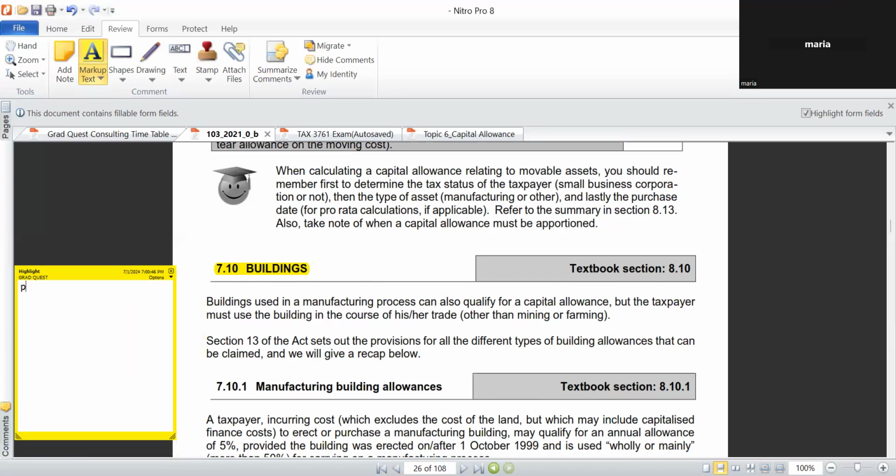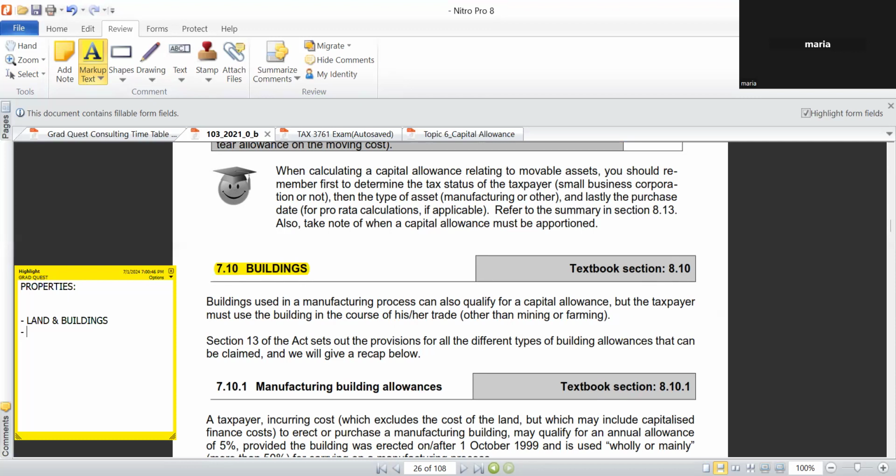I'm going to explain this as properties, because in the context of an exam, they would give you an explanation about a particular property which the taxpayer owns. Now, a property in the context of tax will usually consist of two things: land and buildings.